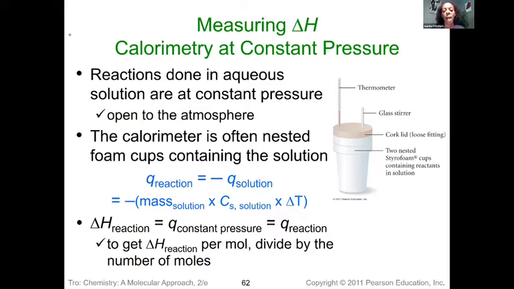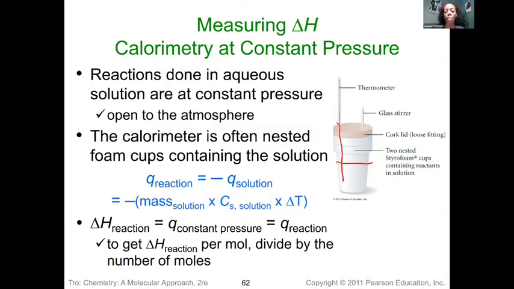In a coffee cup calorimeter, you literally can have two coffee cups, and there's a loosely fitted lid placed on top. Much like the bomb calorimeter, a thermometer is placed inside the solution, the area surrounding the actual reaction itself, and we monitor how that solution changes in temperature.